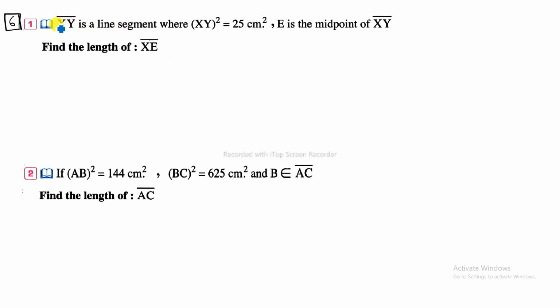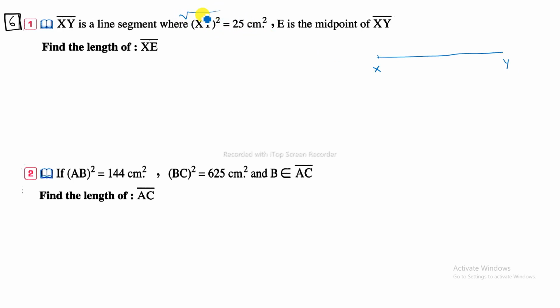Question number 6. Number 1. Line segment XY is a line segment where XY to the power of 2 is equal to 25 centimeter square. E is the midpoint of the line segment XY. Find the length of XE. Here we have a line segment called XY, XY power 2 is equal to 25.